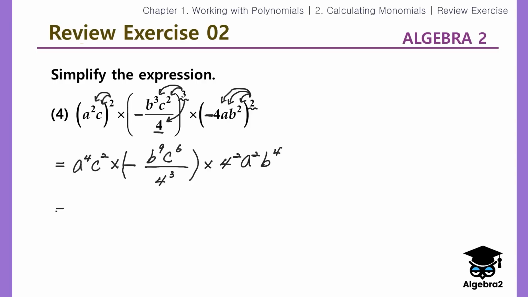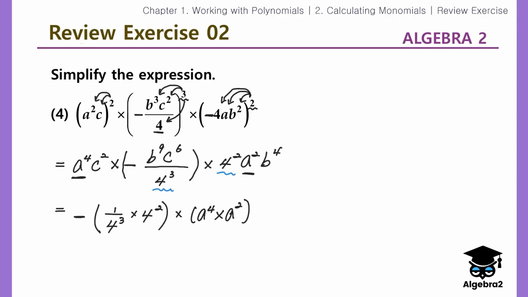So that is equal to, okay, number first. We have a negative 1 over 4 cube times 4 square. So let's write negative out here. And we have a 1 over 4 cube times 4 square, right? And we have a variable a to the 4, a square. So a to the 4 times a square.